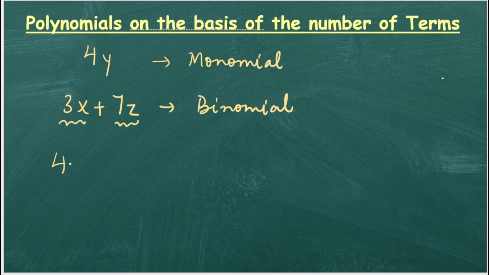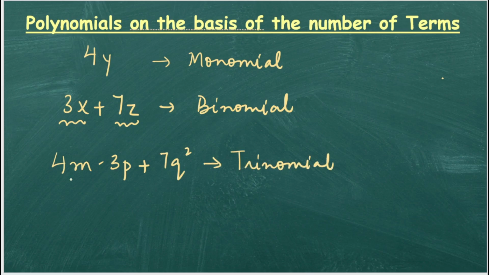But if I write 4m minus 3p plus 7q square, then this type of polynomial is called a trinomial, because you can see that this has three terms. All right. So a monomial has just one term, binomial has two terms, and the trinomial has three terms.